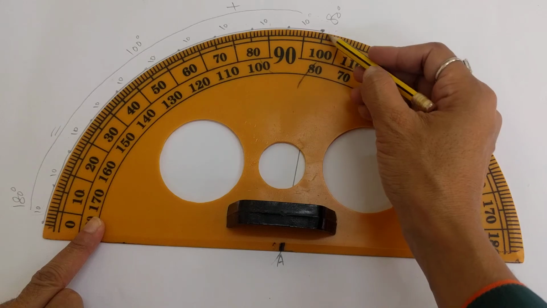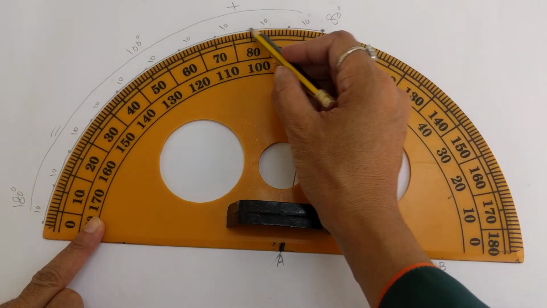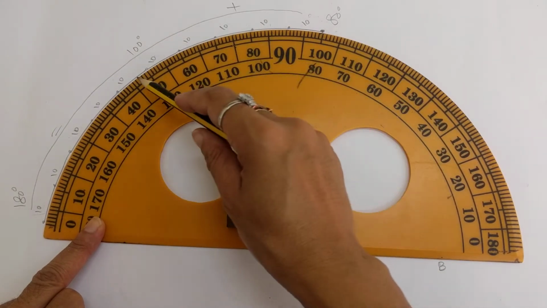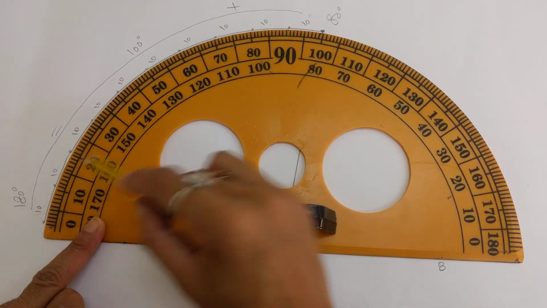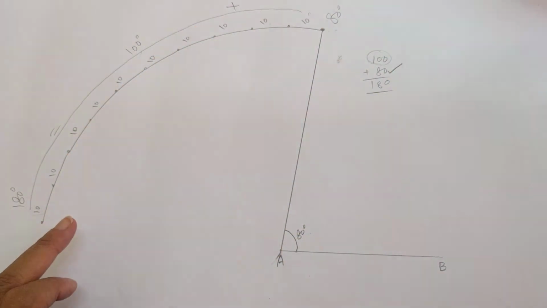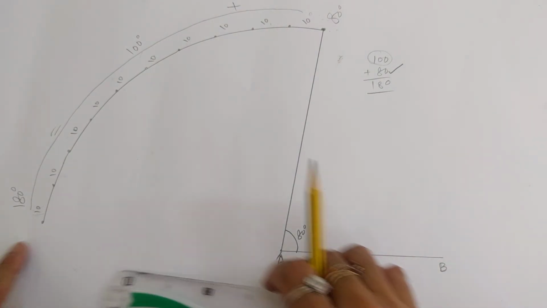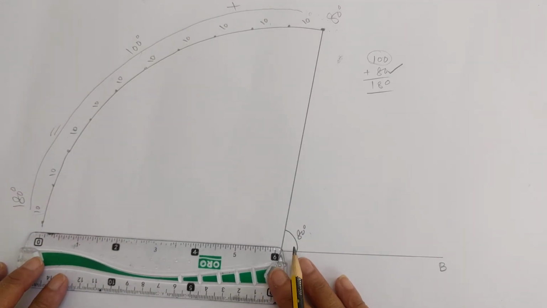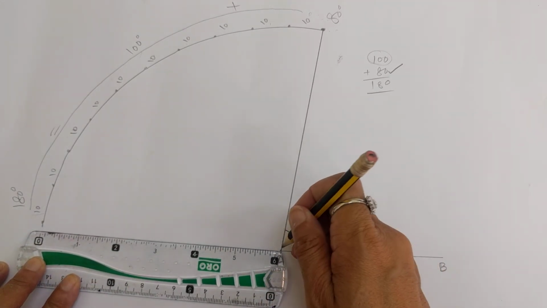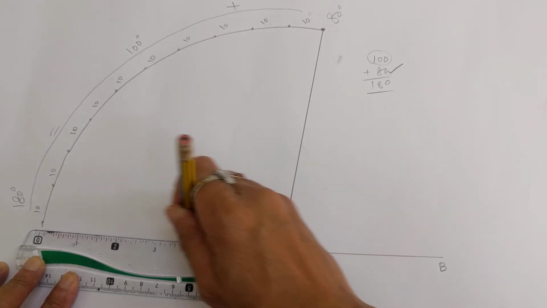So this one is our 80 degree angle and we are adding 100 more to 80. So 100 plus 80 is equal to 180 degrees. Got it? So this one is actually our angle. Now we will join the line to get our 180 degree angle.